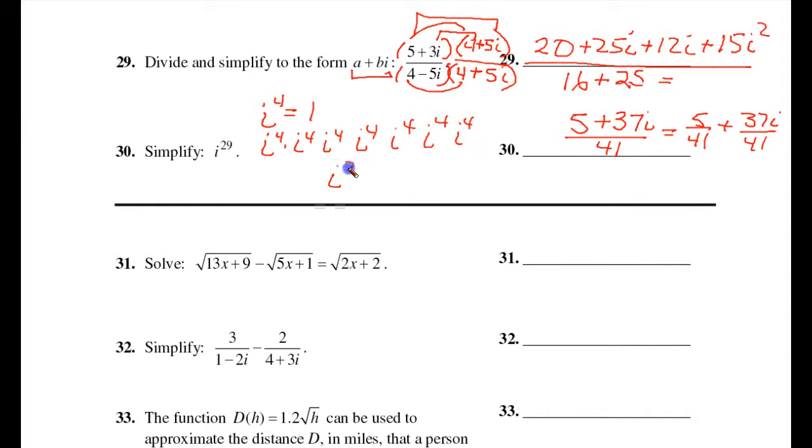So this is i to the 28th times i, which would give me i to the 29th. Well, this is 1 times 1 times 1 times 1 times 1 times 1 times 1, which is 1 times i. So for number 30, the answer is i.